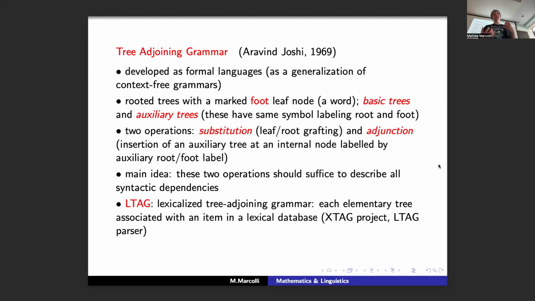And the way you build this formal language is that you have a set of basic trees, and these have some markings. Normally in these tree adjoining grammars you have markings at the root of the trees, at the internal nodes and in the leaves, and in particular certain auxiliary trees that happen to have the same symbol labeling the root and one of the leaves.